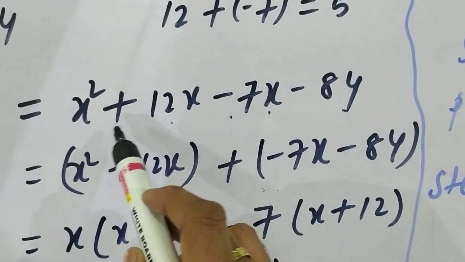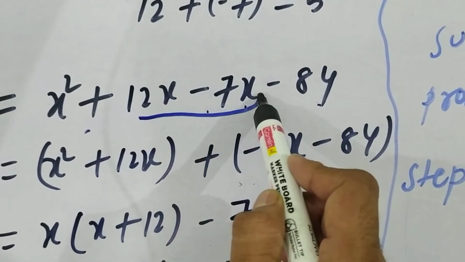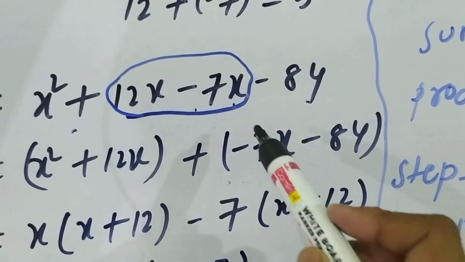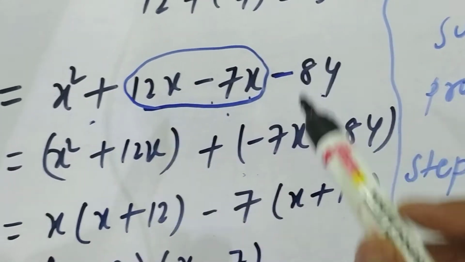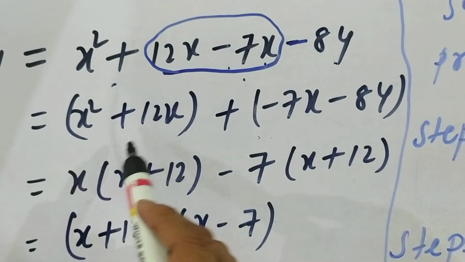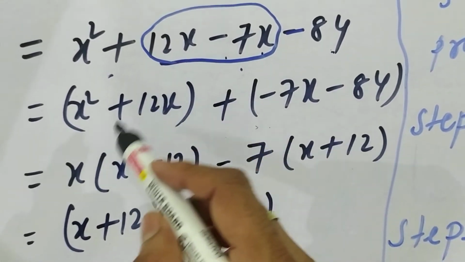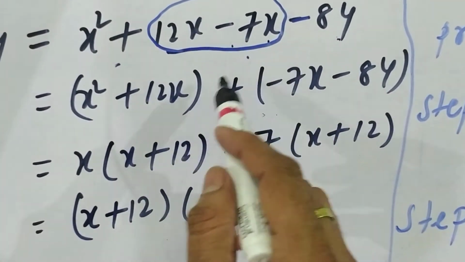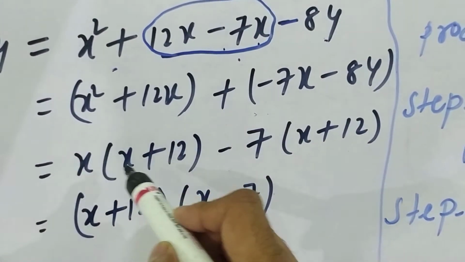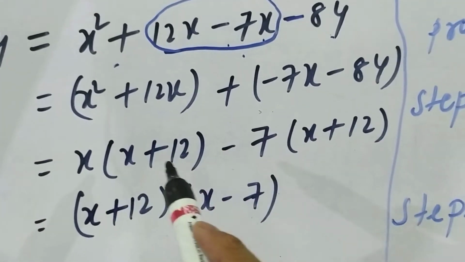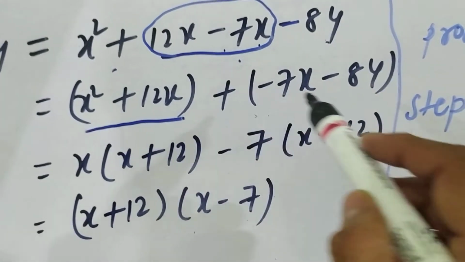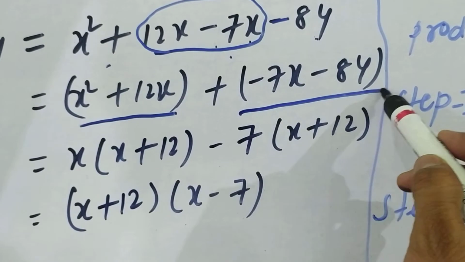Now by grouping, there are 4 terms, so we can group by 2.